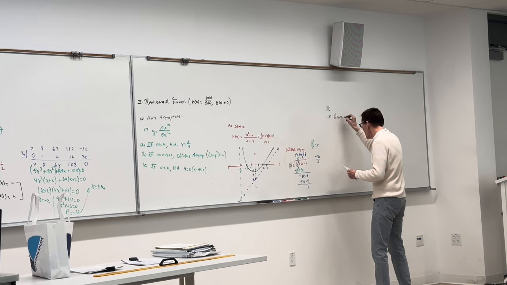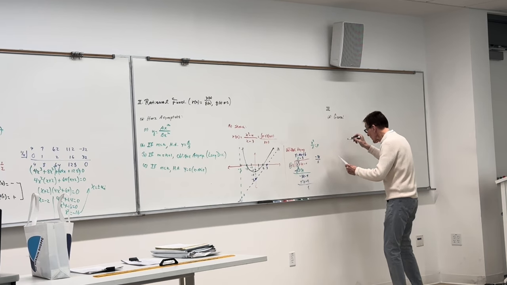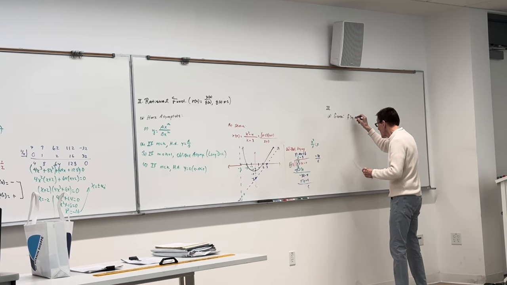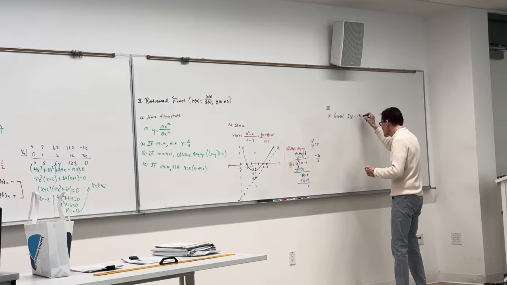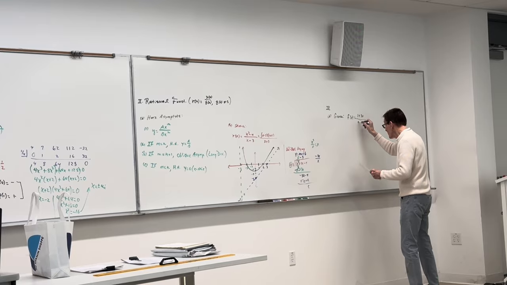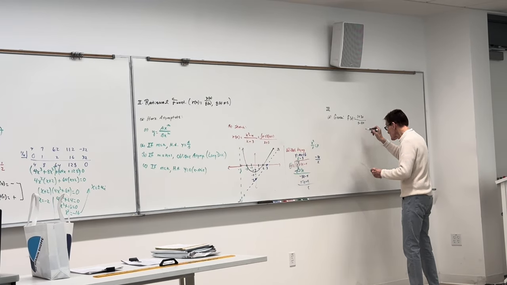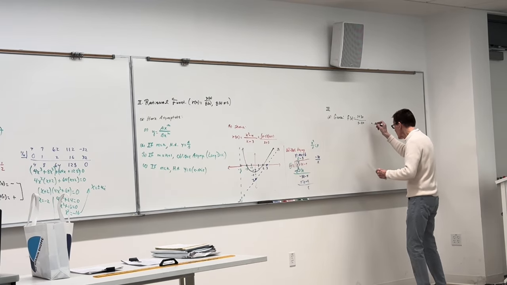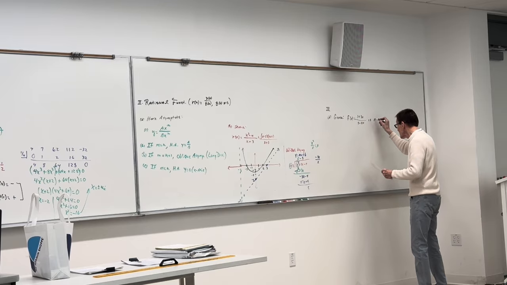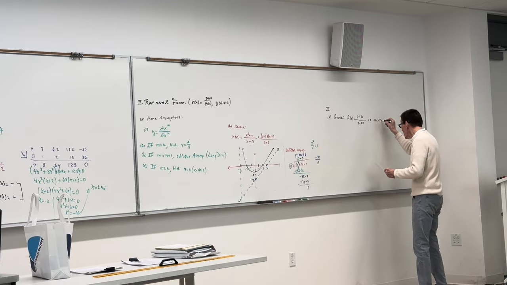Given this function f of x is equal to 1 plus 3x over 5 subtract 2x. And on the side here, I said this function is 1 to 1.